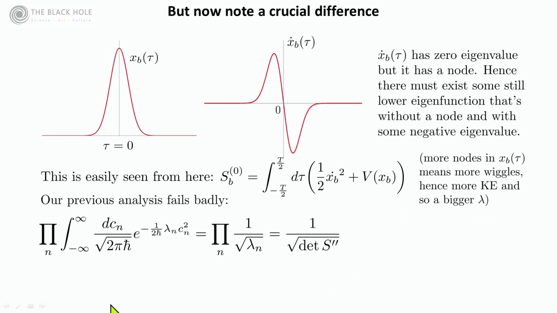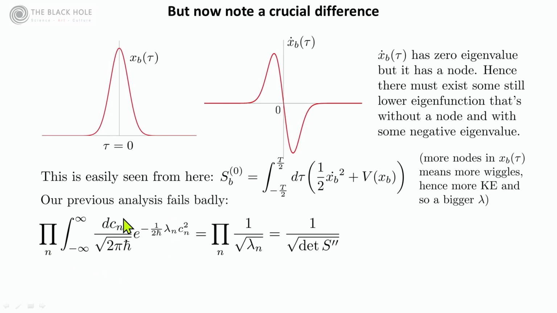Okay, now this is going to create a big problem, because earlier on, when, for example, we took the harmonic oscillator, we said, let's calculate all the eigenvalues of this operator over here and all the eigenfunctions, and then we can do the fluctuations for the path integral by expanding in a series. x equals x classical plus sum of c n phi n, with n going from 1 to infinity.